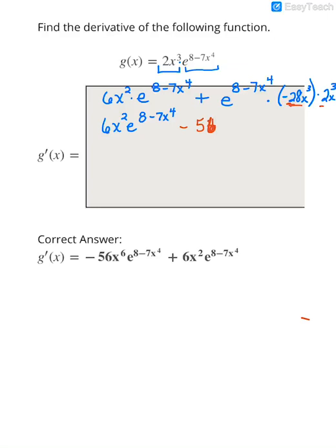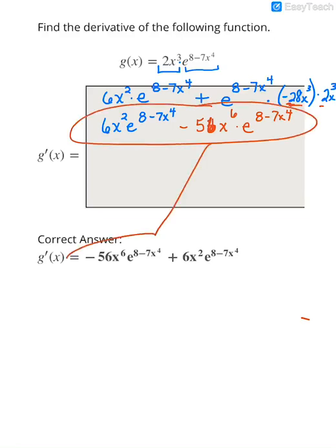Let me get that right. x cubed times x cubed would be x to the 6th. And then I still have my e to the power of 8 minus 7x to the 4th. Now, it doesn't matter the order of the terms, so that's my order. This is their order. It's the same answer, but that would be the derivative.